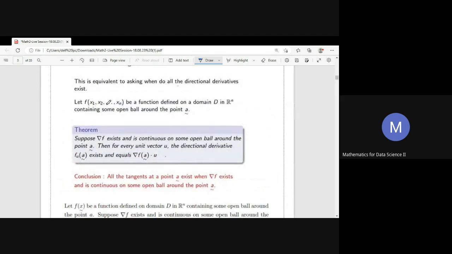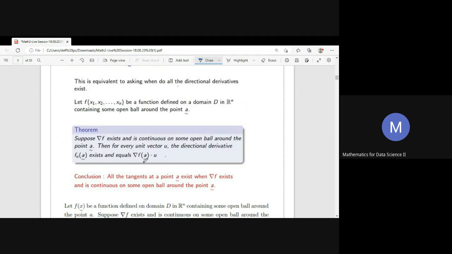Let f of x1, x2, up to xn be a function defined on a domain D in Rn. So now, when does the tangent exist at this point for this function? For this, first of all, the gradient function should exist, and it also should be continuous on some open ball around this point. Then for every unit vector u, the directional derivative f_u of A tilde exists and equals the dot product of the gradient and the vector u.